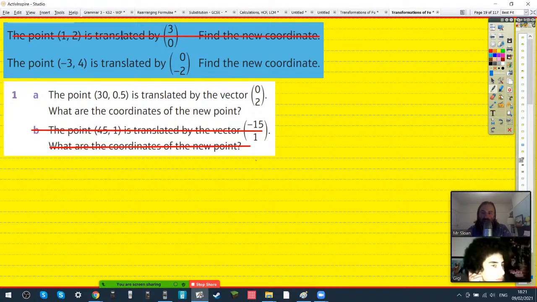Let's try this one. 1a. No, let's try the one up the top, the blue one. The point (-3, 4) is translated by (0, 2). Find the new coordinate. That'll be (-3, 2). Yep, great.